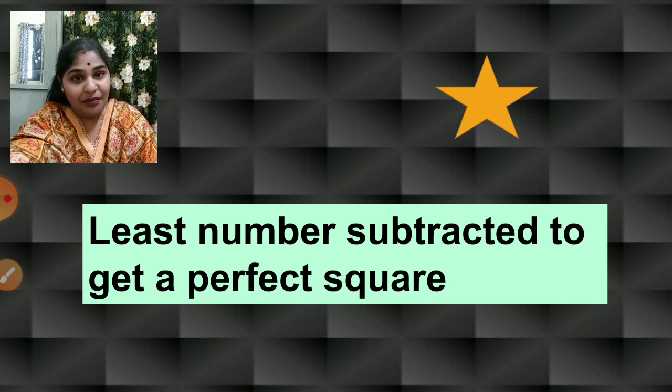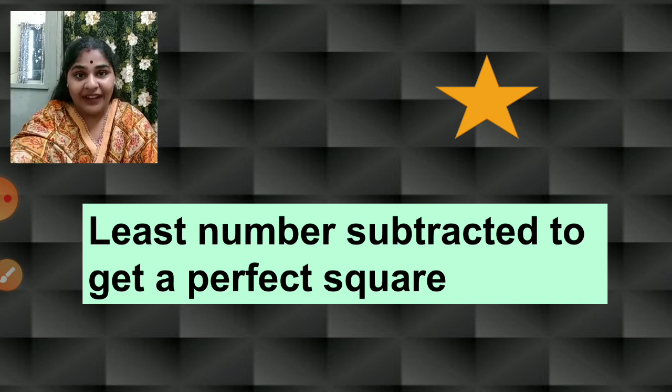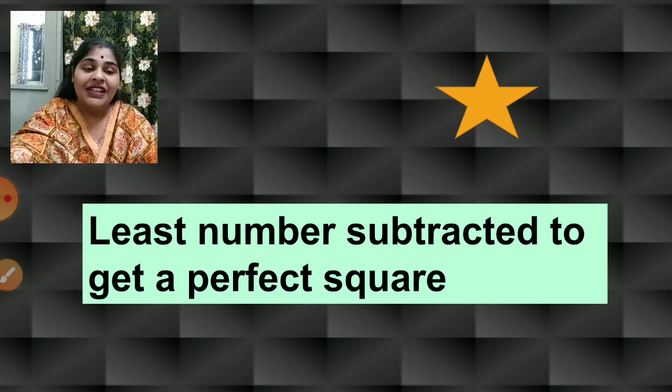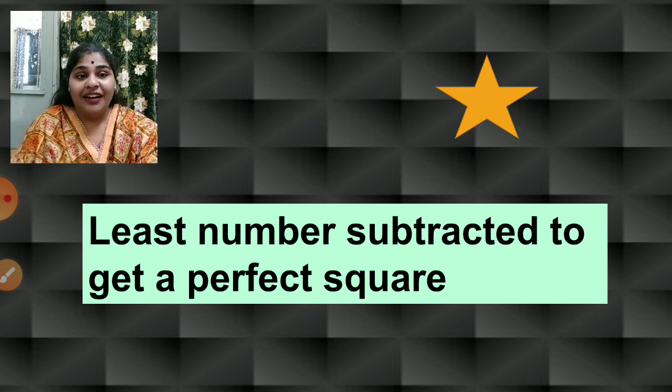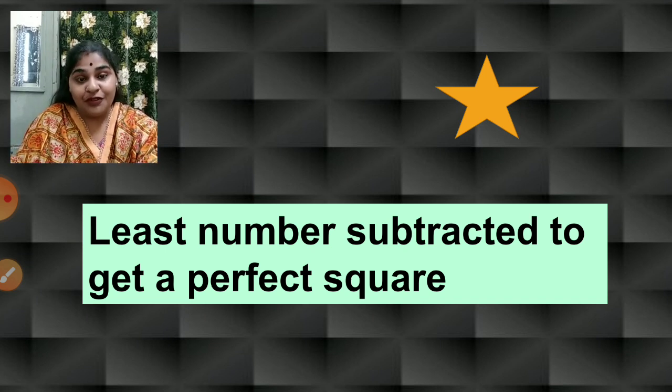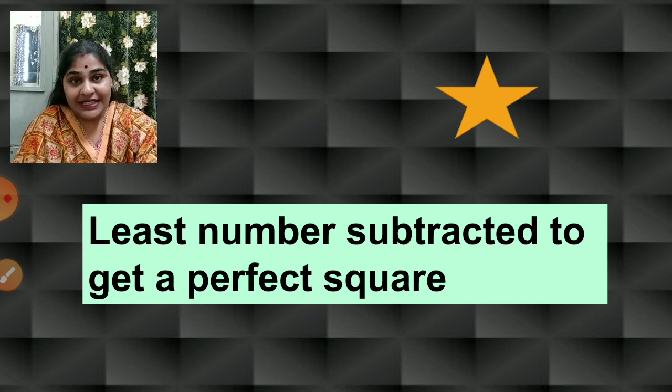That means the given number was not a perfect square, and we used to find using the prime factorization method which number is left alone without a pair, and then we used to multiply that number in the given number and we used to get a perfect square, and then find the square root. Now similarly, in the division method, which number we have to subtract from a given number to get a perfect square, that we are going to see, children.